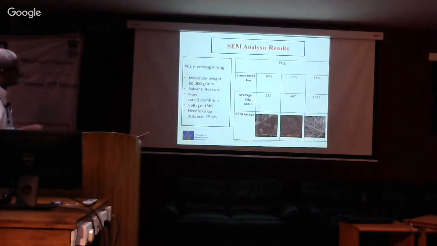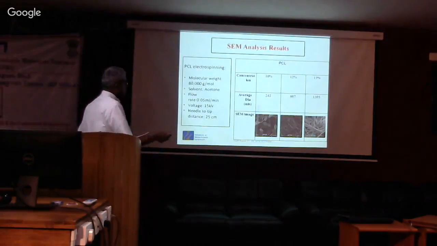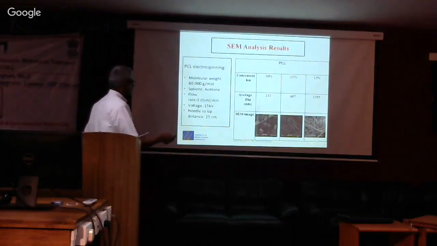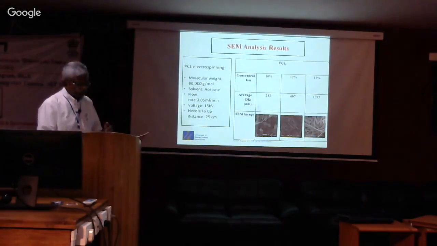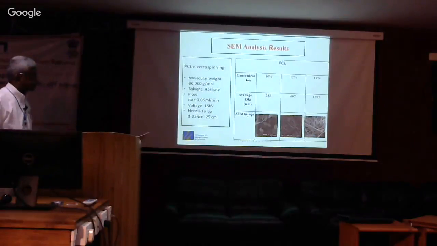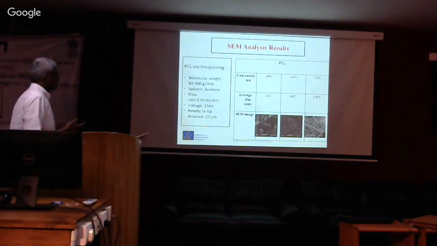Of course, the flow rate, the voltage, and the needle distance. So what you see is that when you have 10%, you get 240 nanometers average diameter. Of course, this is average diameter. What happens is you get a variety of diameters, and you take them to SEM, and then you zone in on different parts, and then there is software that takes all this data and averages it out.